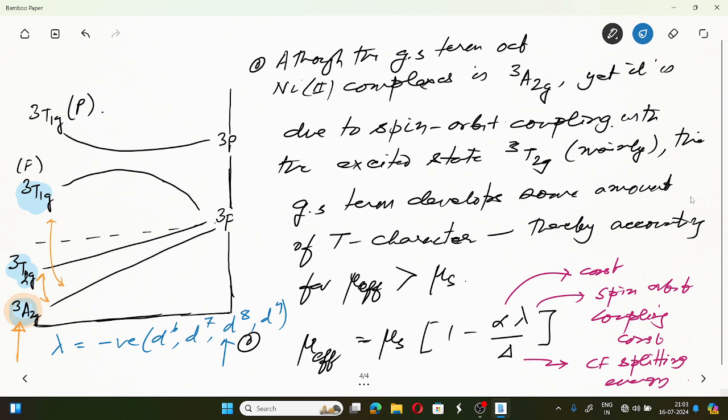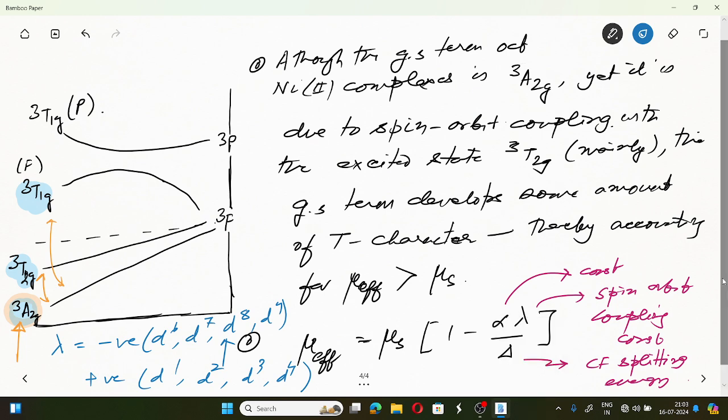It is positive for d1, d2, d3, d4, okay.